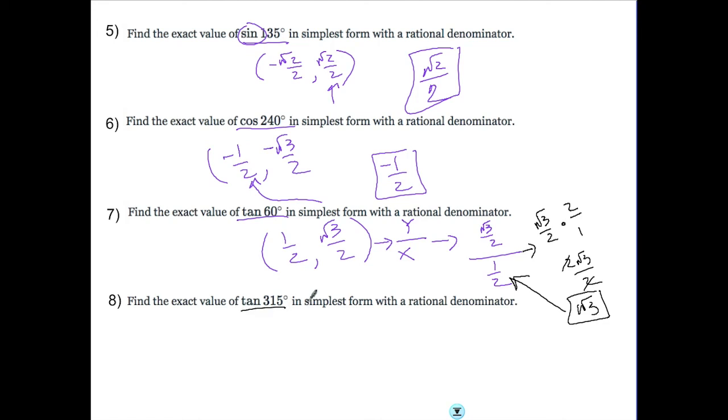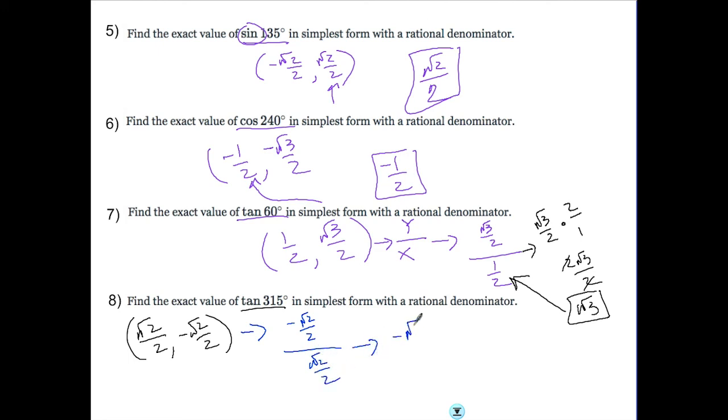Find the exact value of tangent 315. Another one where we got to do a little arithmetic here. Tangent 315, I'm going to write down the coordinates of that point. So √2 over 2, -√2 over 2. Ooh, I like this one. So y over x.